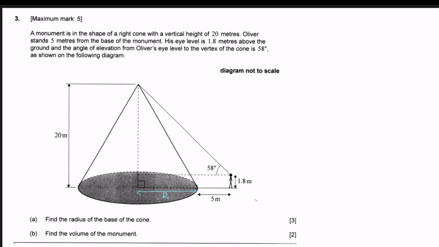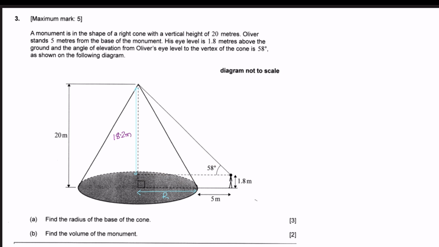Right? Now this height is 1.8. So this height would be 20 minus 1.8, because this entire height is 20 and this height is 1.8. So this height would be 20 minus 1.8, which gives me 18.2. Now using this triangle, I can find the length of this base.